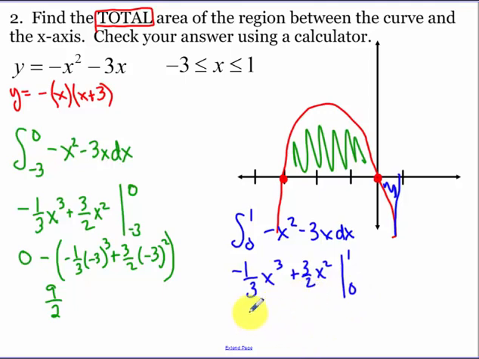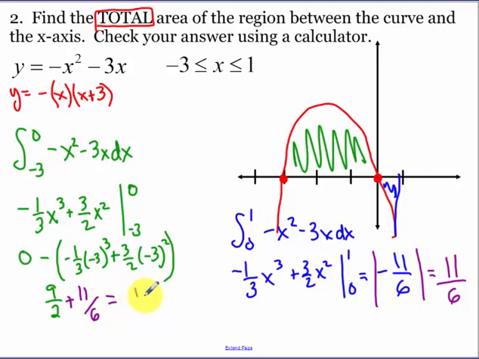Now plugging in, evaluating now this integral, plugging in 1, we get a negative 11/6. But remember, I need the total area, so I'm not going to think about that as a negative. So I'm going to take the absolute value of that, which is positive 11/6, add that to my 9/2, and get 19/3. So that's the total area between our curve and the x-axis.